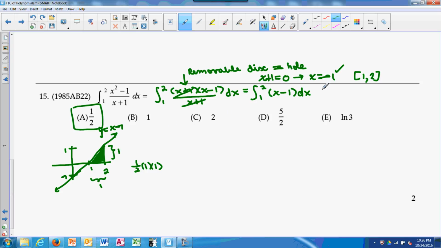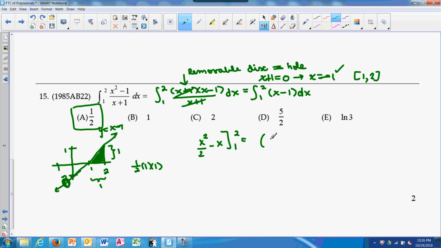Since we were not trying to cross over the hole that's over here at negative 1, we could also use the fundamental theorem, which says we can integrate. We get x squared over 2 minus x from 1 to 2.